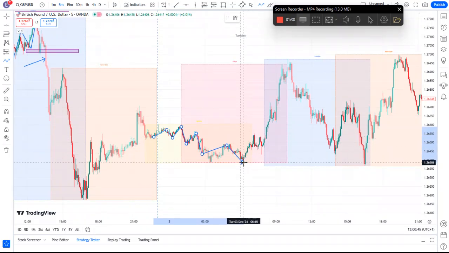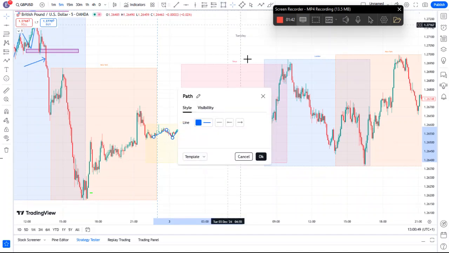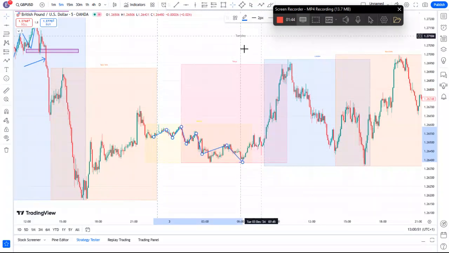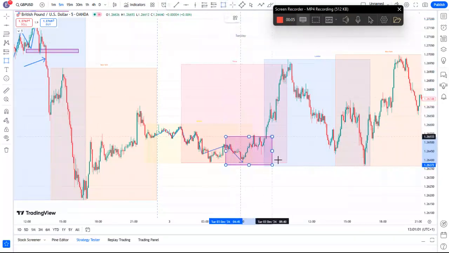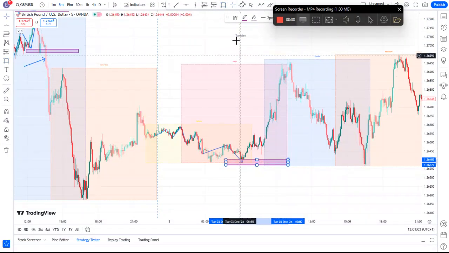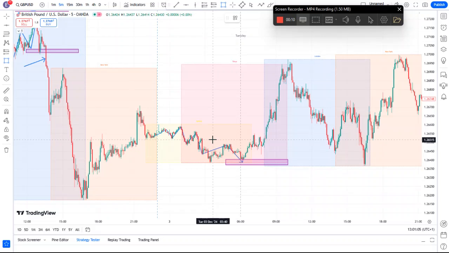Then the market failed to close below this level right here, and instead the market came and closed above this level, which indicates a potential reversal in the market.